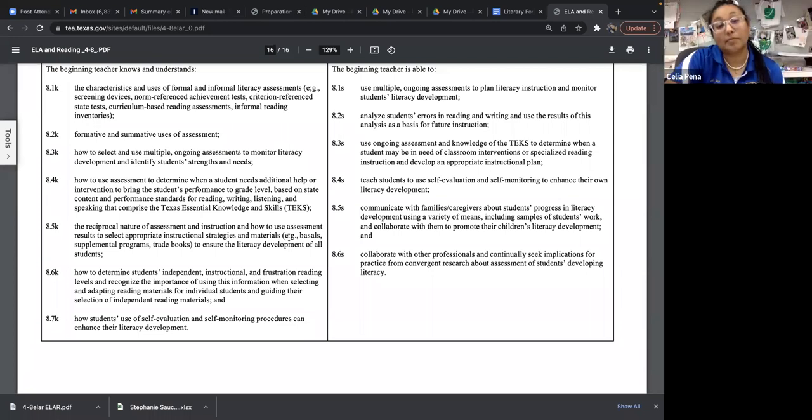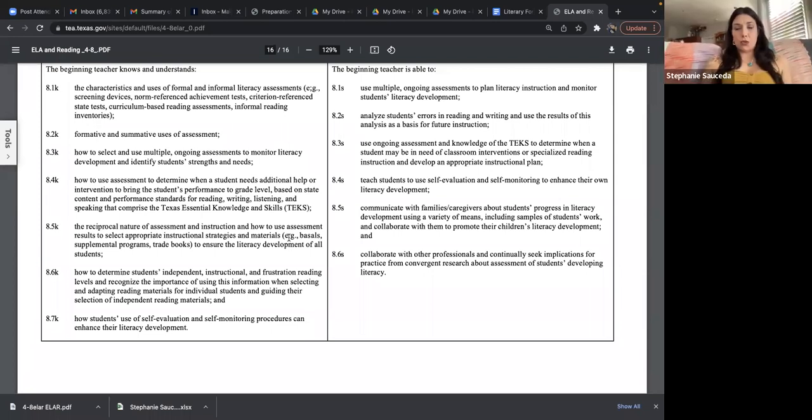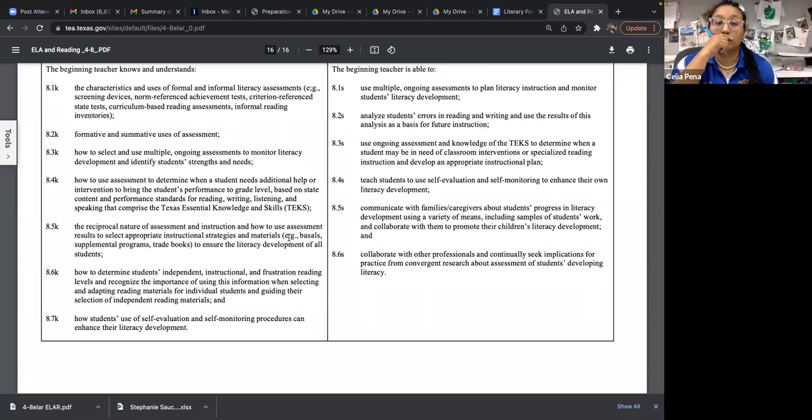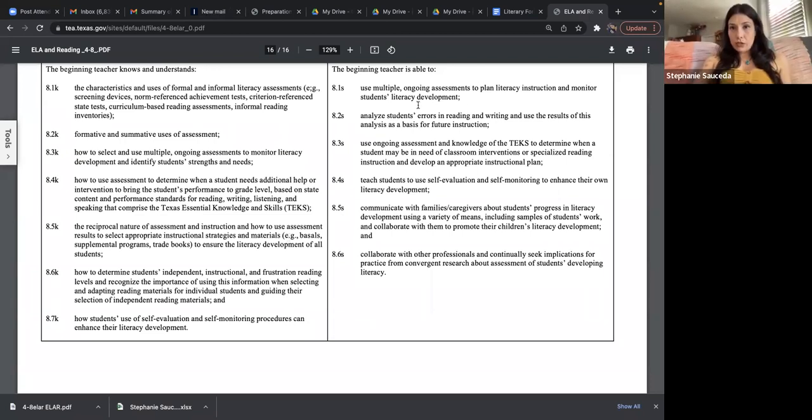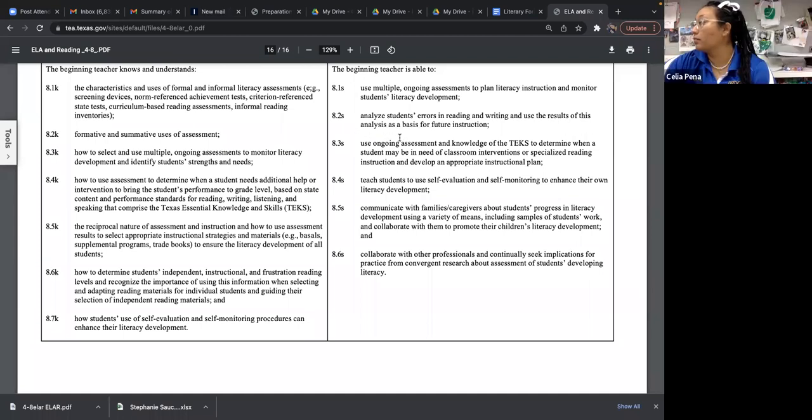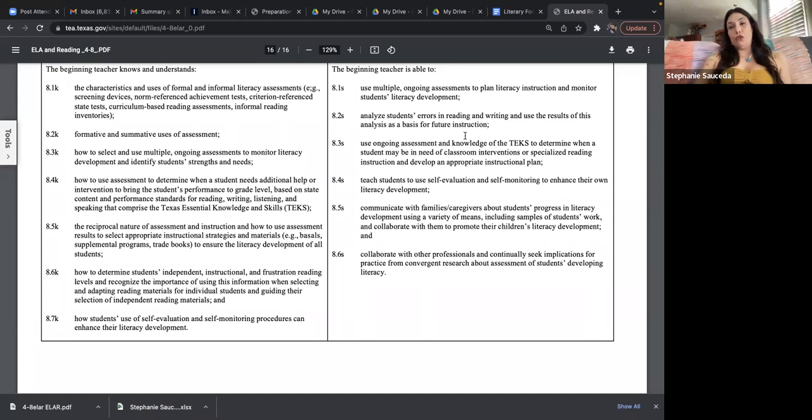The bulk of it is going to be formative assessments in your classroom, assessing their reading, writing, speaking, and listening skills. We use multiple ongoing assessments to plan literacy instruction and monitor students' literacy development. Analyze students' errors in reading and writing, and use the results of this analysis as a basis for future instruction.